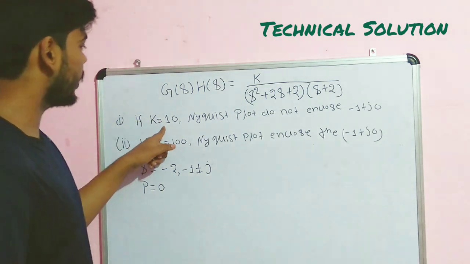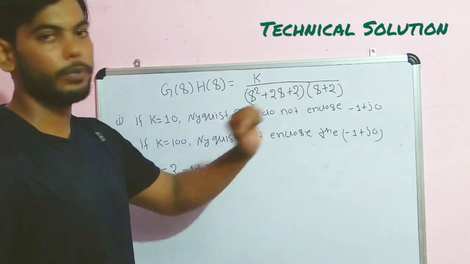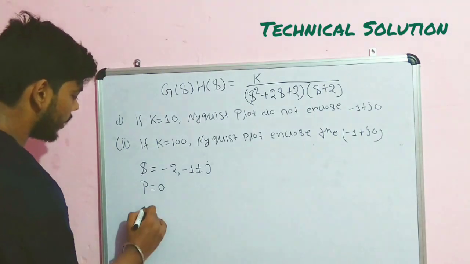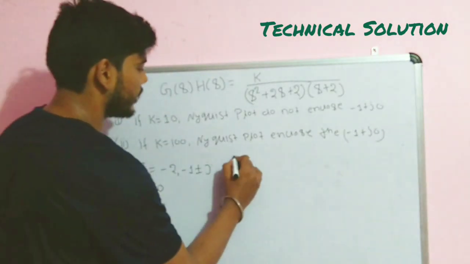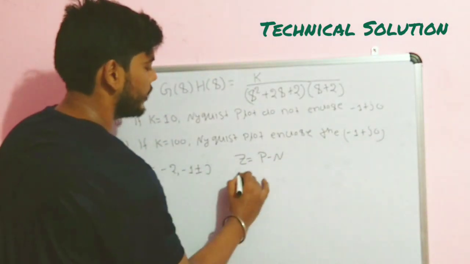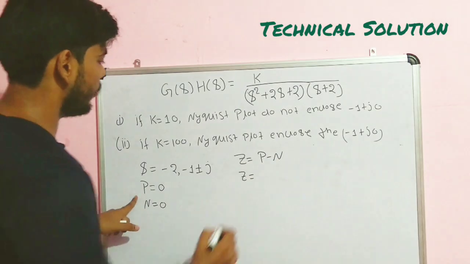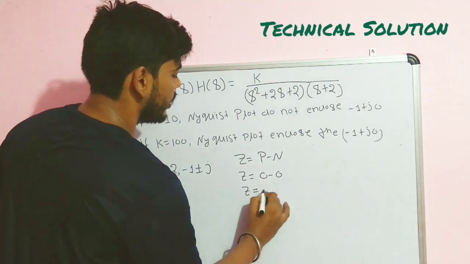Then we move to the first case. If K is equal to 10, the Nyquist plot does not enclose minus 1 plus j0, so the value of N is equal to 0. We have a formula to check the stability in the Nyquist plot: Z is equal to P minus N. The value of P is 0 and N is 0, so Z is equal to 0.